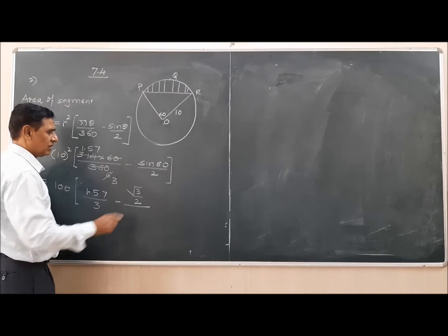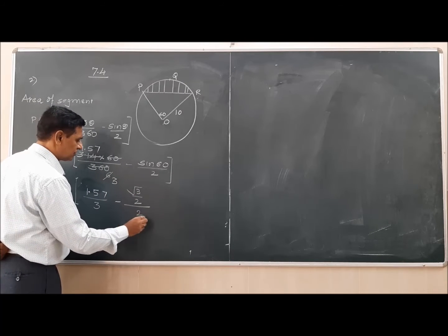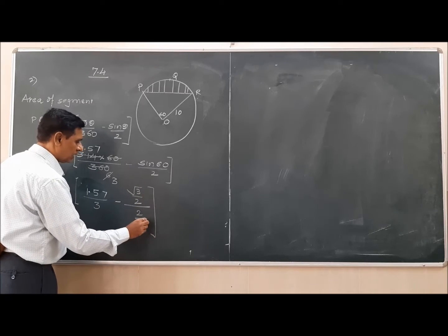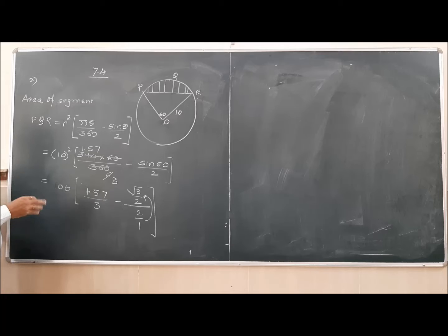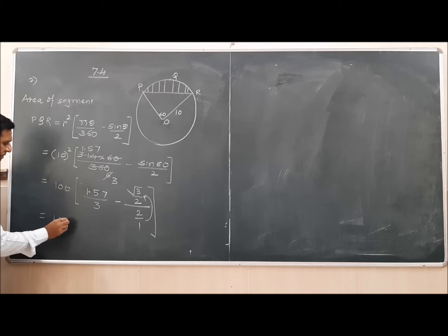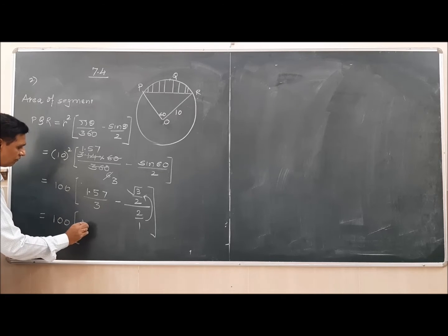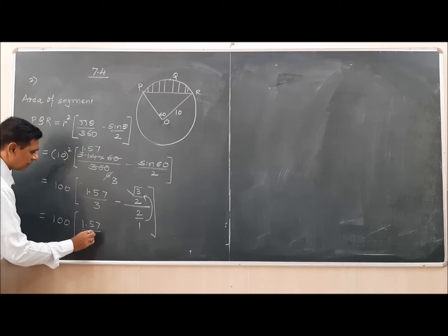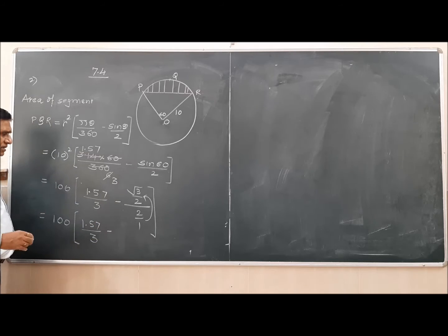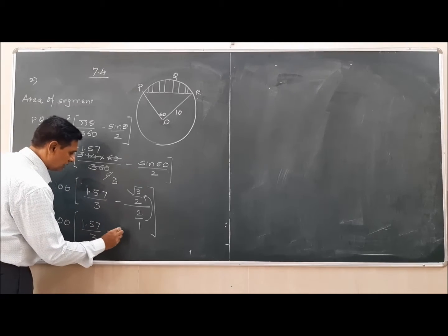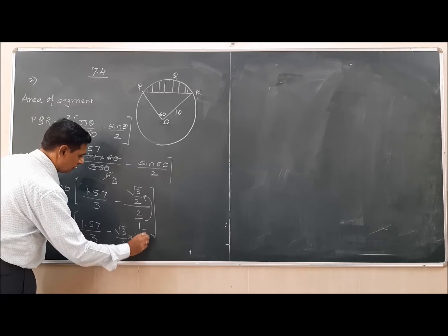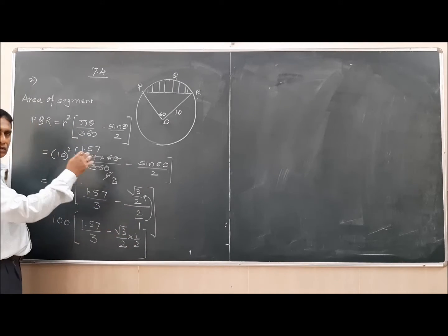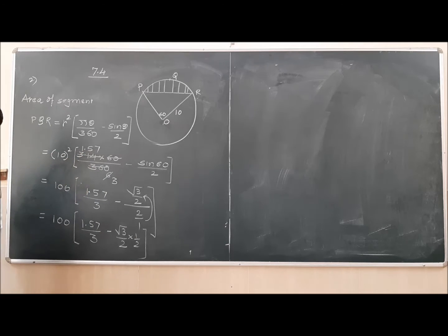Divided by 2 is there, means I will take it as 2 upon 1. In the next step, I am going to shift this 2 upon 1 into the numerator. So I will get here 100, 1.57 upon 3 minus root 3 upon 2 into 1 upon 2. If I take 2 upon 1 into the numerator, I will get it as 1 upon 2.